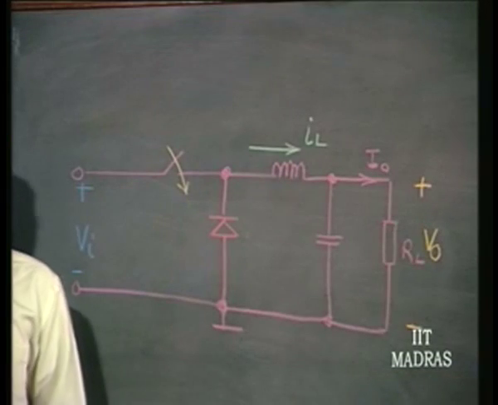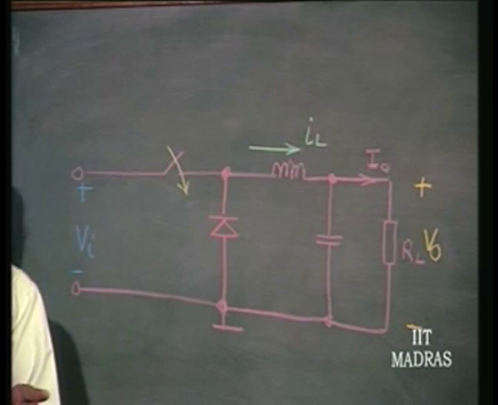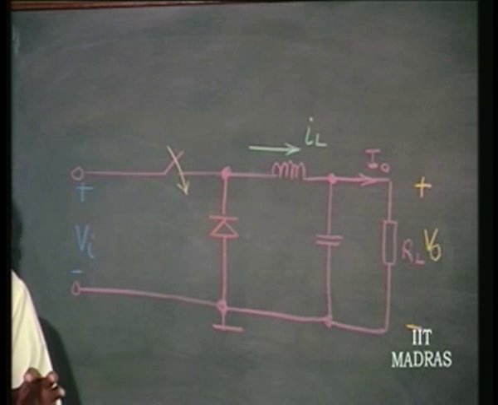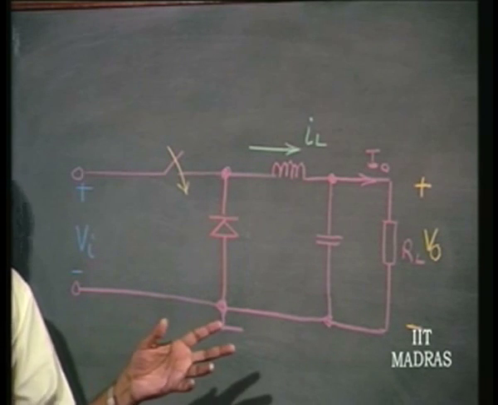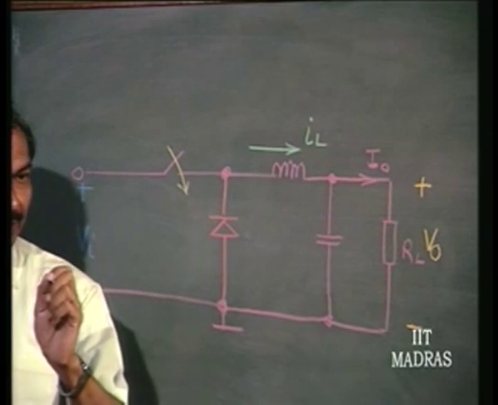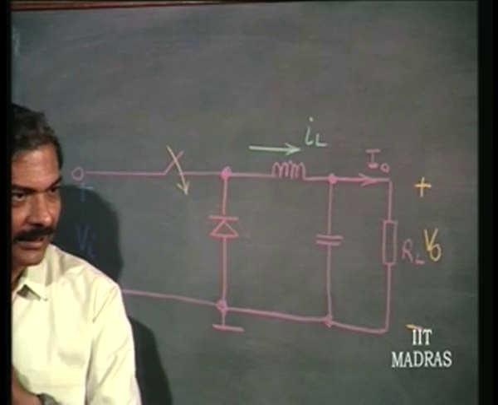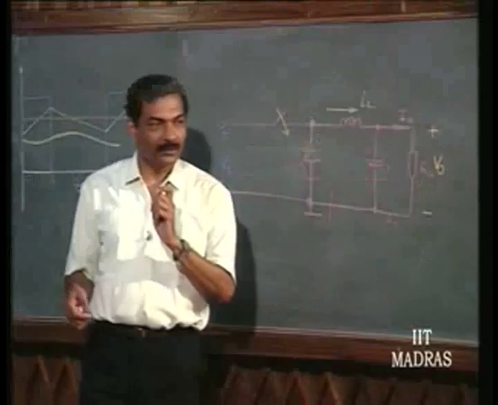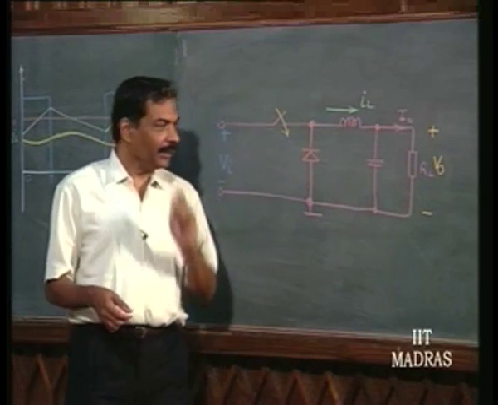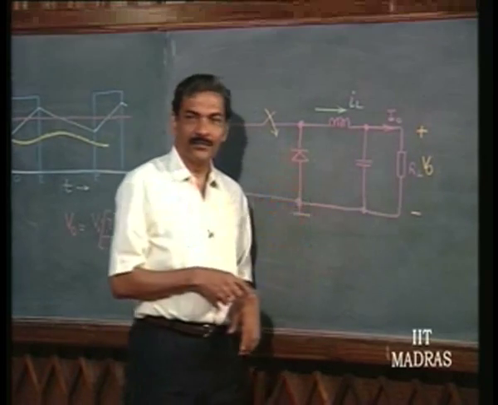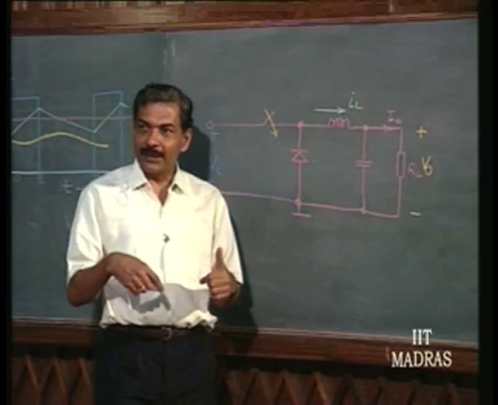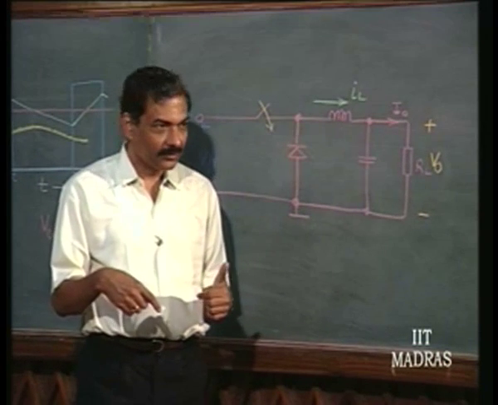It is switched on by making it forward biased. How do I make it forward biased? By pumping in a current in the forward direction, it gets forward biased. This is important: it is biased by means of a current. By pumping in a current in this direction, it gets forward biased, and at that time the voltage across it is 0.